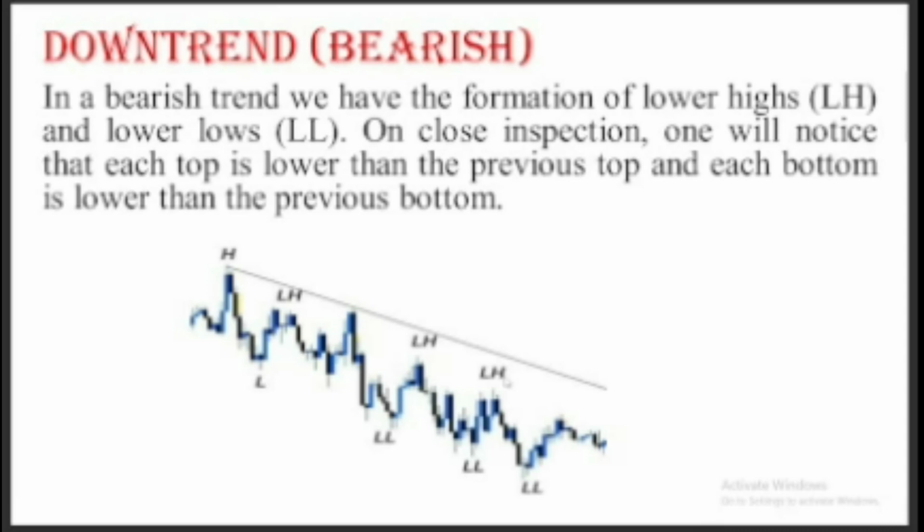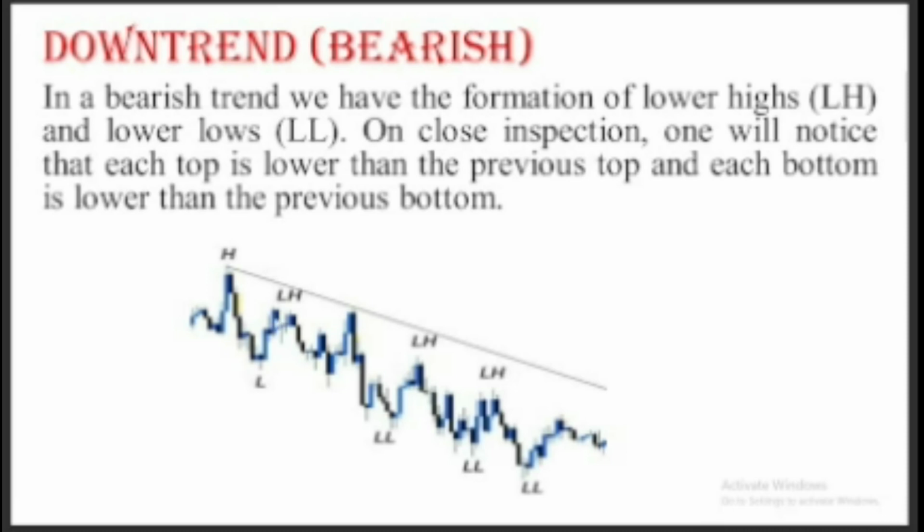In a downtrend, each new top formed is lower than the previous top. Each new top that the price is forming as it's going down is lower than the previous top, and each bottom is also lower than the previous bottom. For a bullish trend, each bottom is higher than the previous bottom, but for a bearish trend, each bottom is lower than the previous bottom.